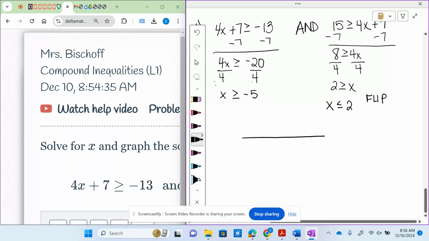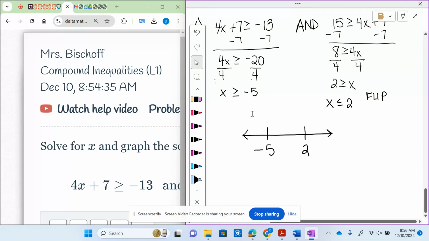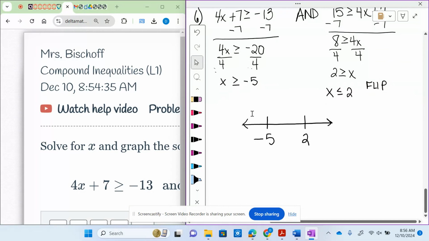Let's talk about a number line. I have the number negative 5 on my number line, and I have the number 2. Okay. Victoria, I'm coming back to you. Am I going to have an open circle or a closed circle on the negative 5?